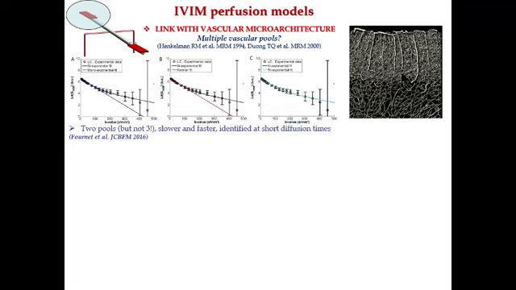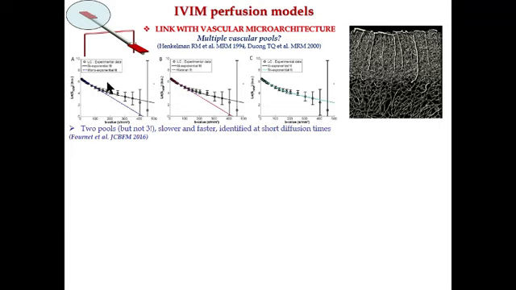In fact, some other groups have also considered in the past that there are different pools of perfusing blood which have to be taken into account. So recently, we looked at the signal attenuation for IVIM, removing the diffusion part. And yes, indeed, sometimes when we have very short diffusion times, we can identify a bi-exponential decay.